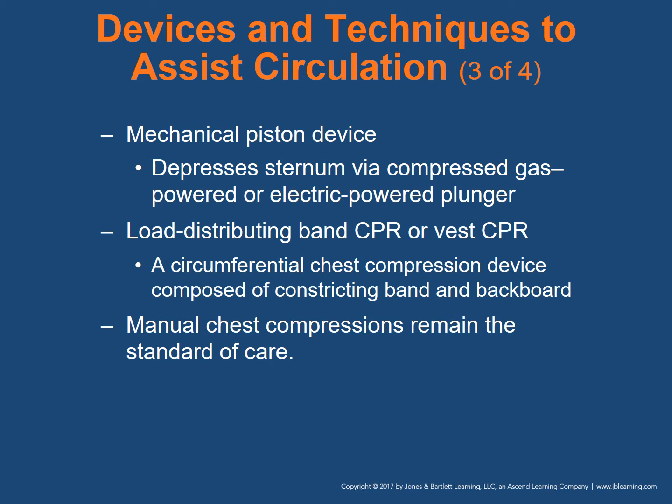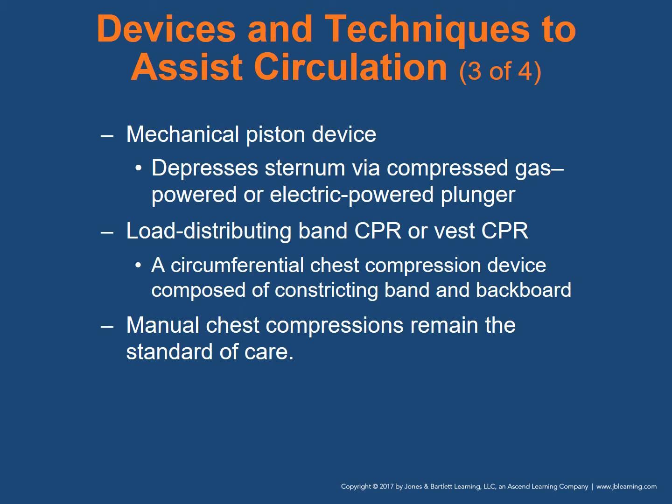Similar to the mechanical piston device is the load distributing band CPR device or vest, and it's almost the same thing. It's a short board that goes underneath the patient's back if they're laying supine to give a hard surface to do compressions on, and a load distributing band that fits across the chest and does the same thing. It automatically compresses the chest for you.